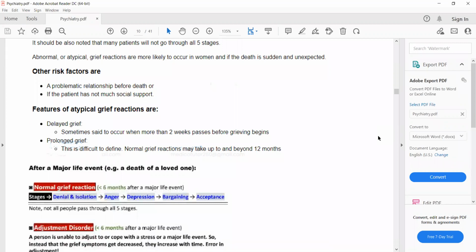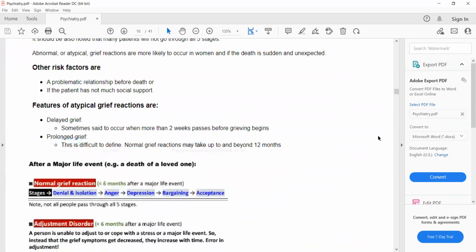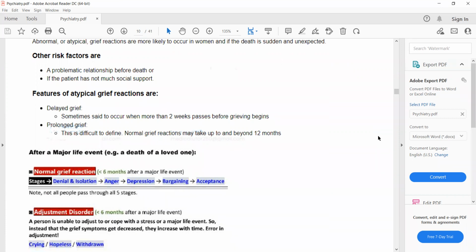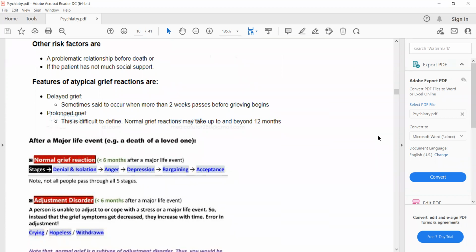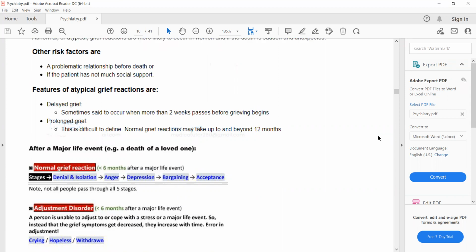What are the features of atypical grief reactions? Features of atypical grief reactions is that the grief is sometimes delayed. Sometimes it can occur even after 2 weeks passes before the grieving begins. And prolonged grief is basically difficult to define, in which grief reaction may take up to and beyond 12 months.